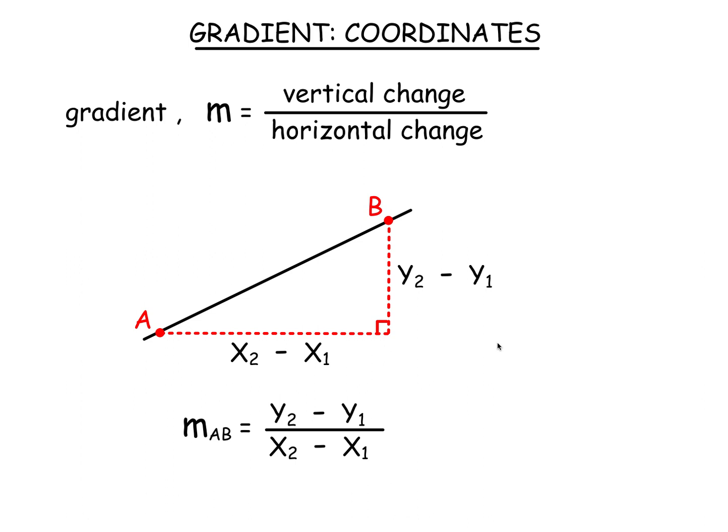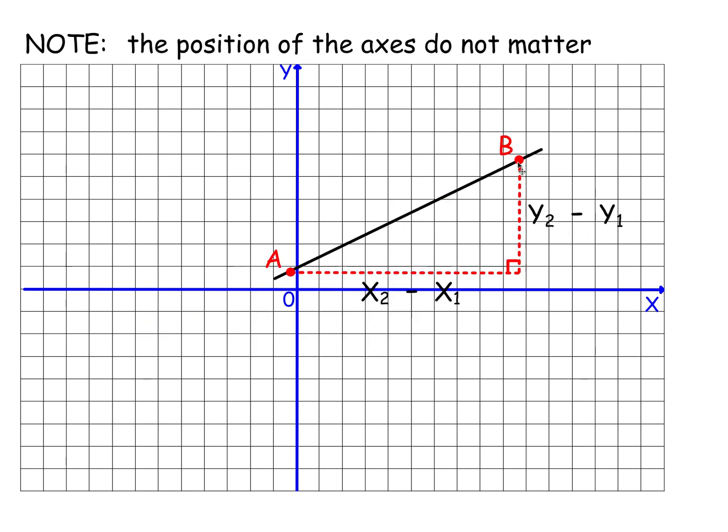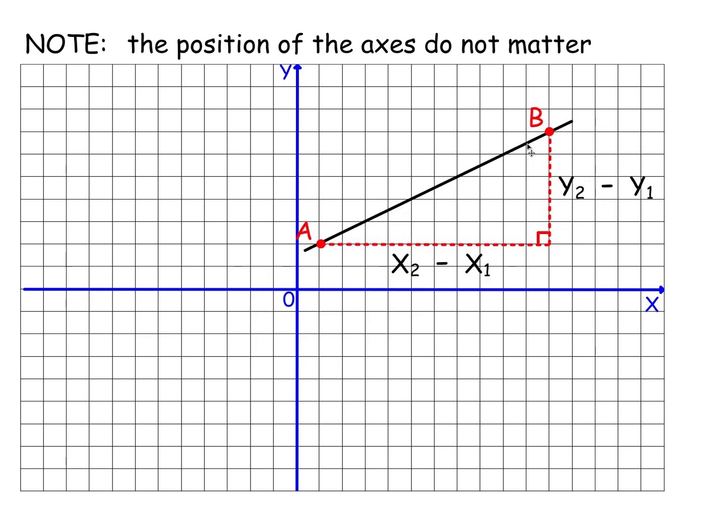When you use the formula here, you've got to make sure the y is on the top and the x is on the bottom. It's the vertical on the top and the horizontal on the bottom. And remember, it doesn't matter what the coordinates of A and B actually are, it's the difference in the y coordinates and the difference in the x coordinates that matter. So that could be placed anywhere.